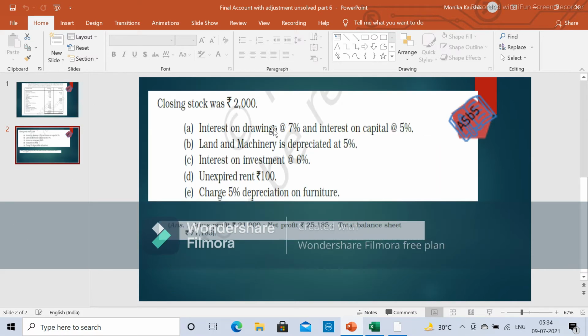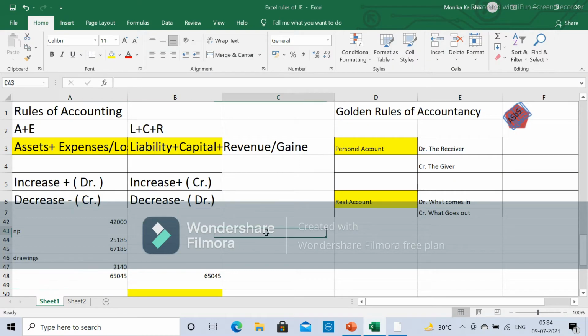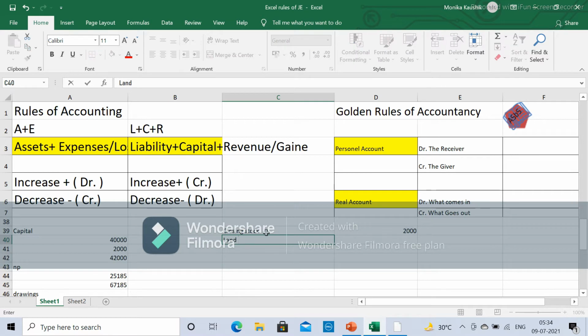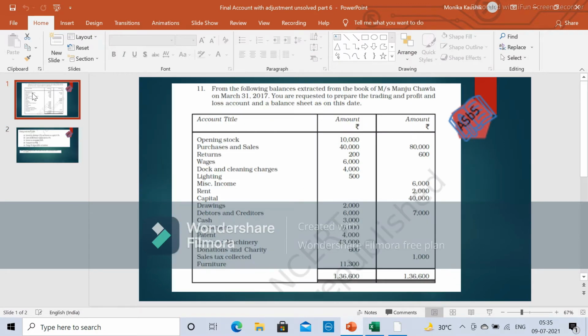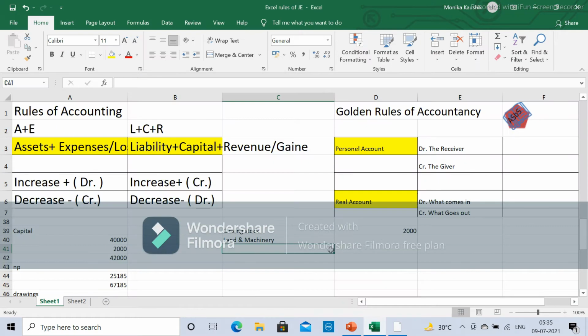Now look at the next adjustment. Land and machinery is depreciated at 5%. So that's an asset. Land and machinery, the cost minus 5% depreciation. 43,000 multiplied by 5% is 2,150.